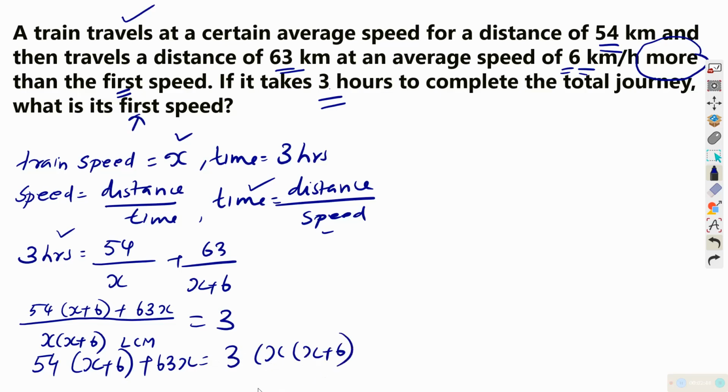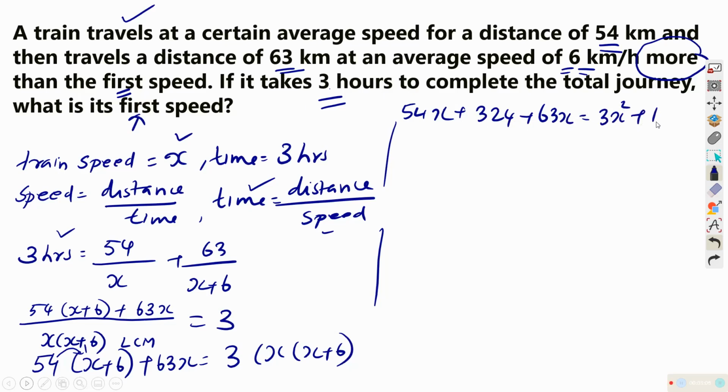We'll open the bracket now. That means 54x, 54 into 6 is equal to 324, plus 63x, is equal to 3x square plus 18x. We can rearrange this equation once again in such a way that it can be brought to ax square plus bx plus c format. 54 plus 63 is 117.